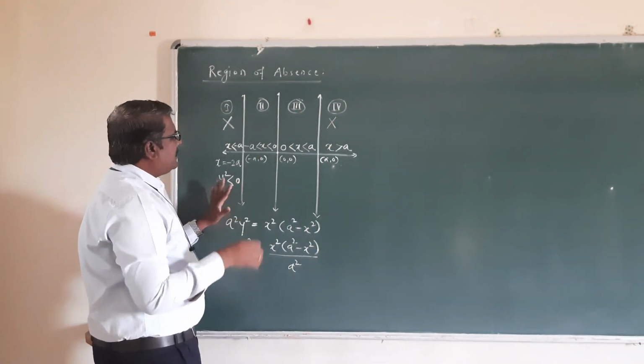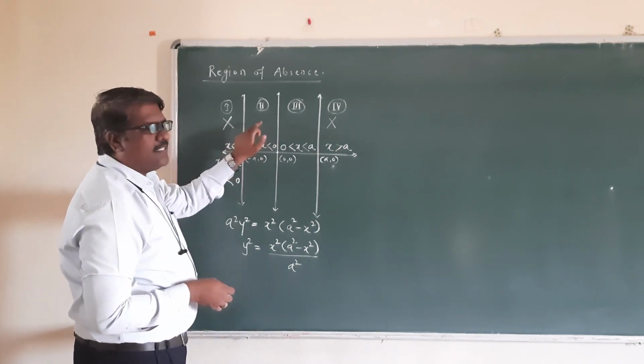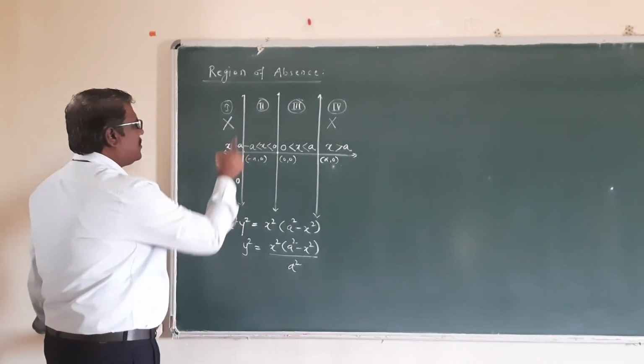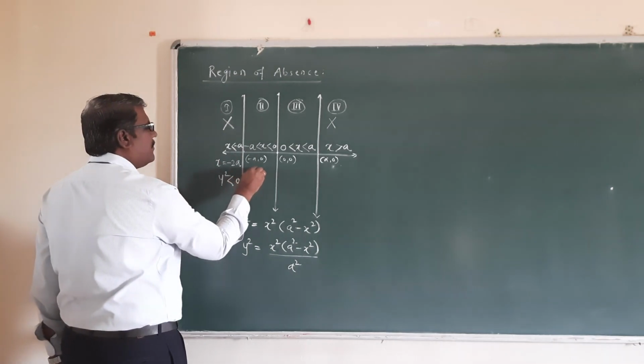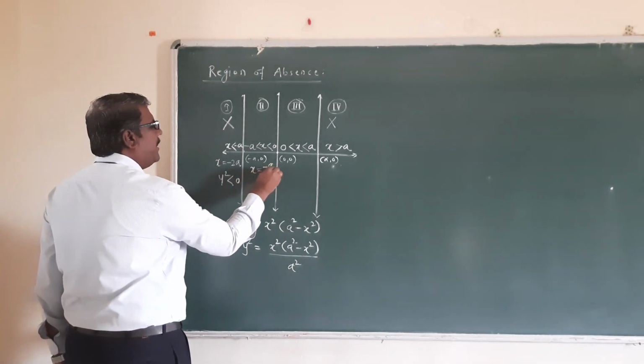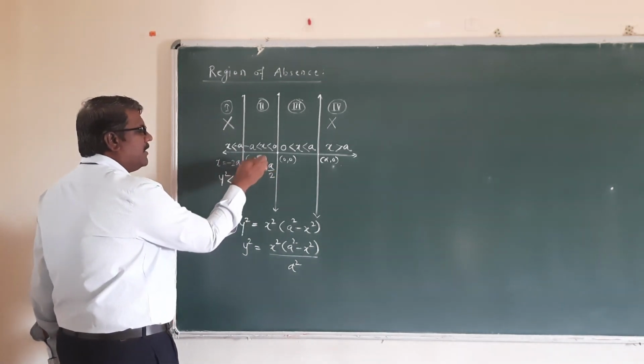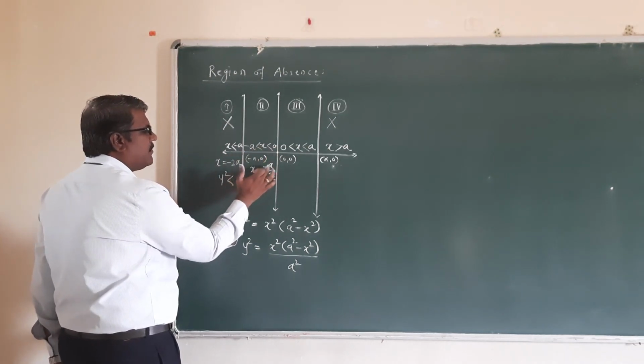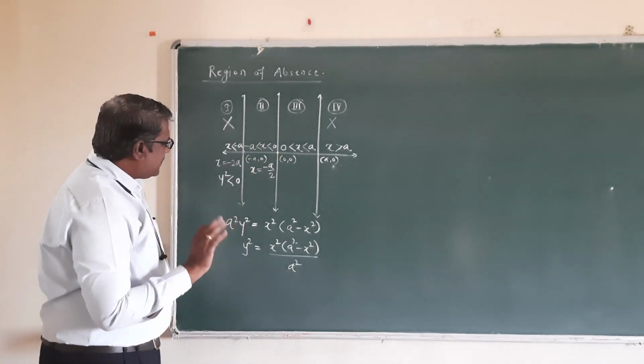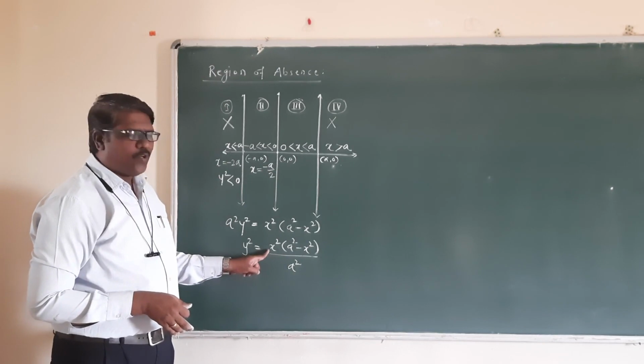Okay. Now we will check whether the curve is present in the second partition. To check, put x equal to minus a by 2. This is a point in this range. So x is equal to minus a by 2. When x is minus a by 2, this is positive.